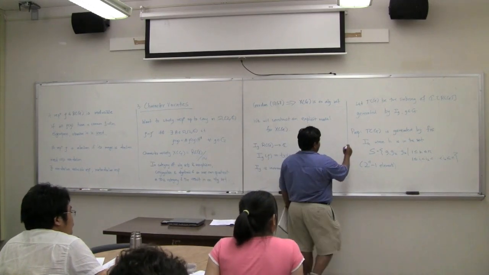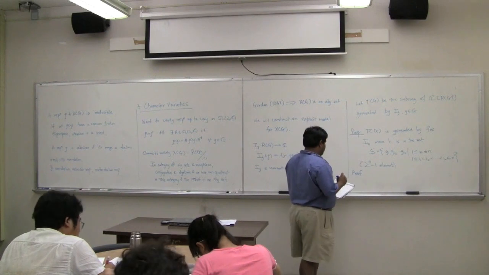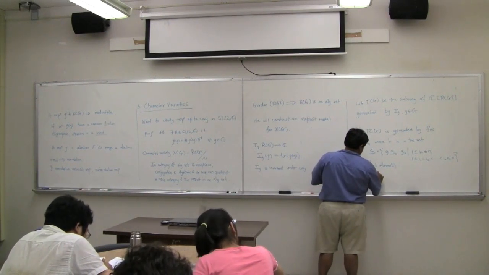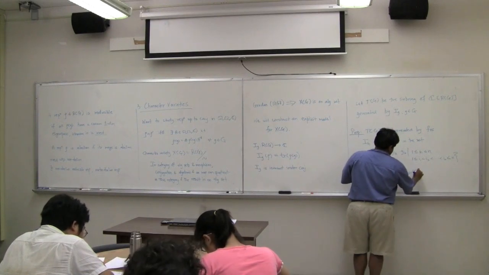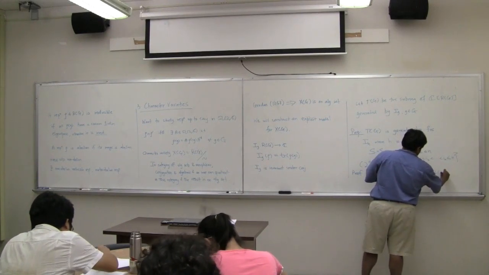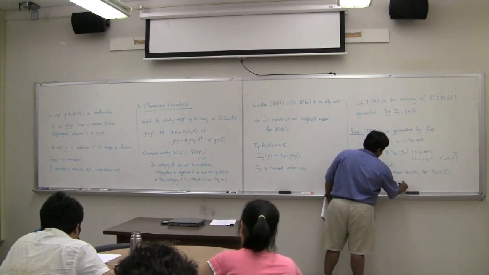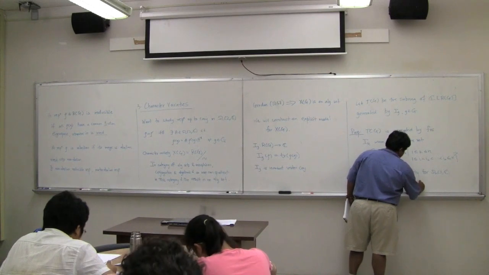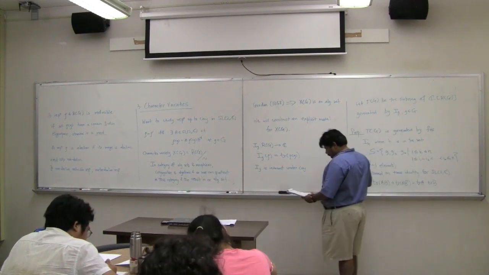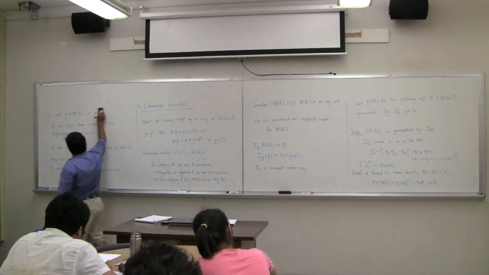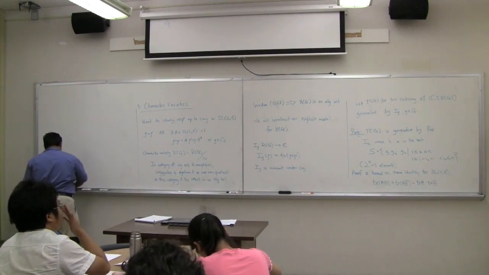The proof is not very hard, and it is based on the trace identity for SL2C: trace of AB plus trace of AB inverse equals the trace of A times the trace of B. Let me note that we actually need a much smaller generating set.